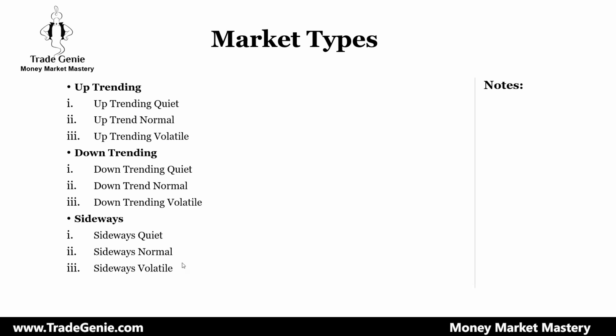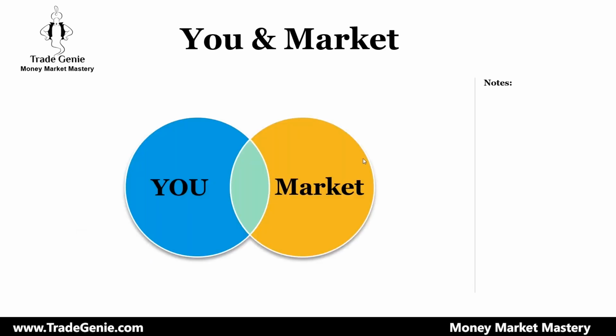Taking a broader definition of bull market and bear market, at least uptrending, downtrending, and sideways, there are 12 types of market if you take very volatile into consideration. So there are 12 types of market at any given moment, and millions and billions of you, or one you. So one you, 12 markets.